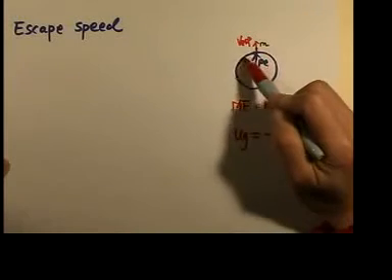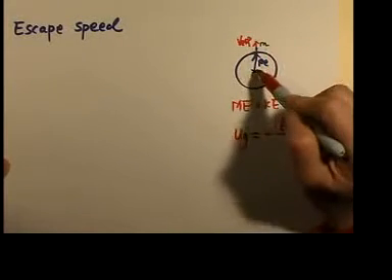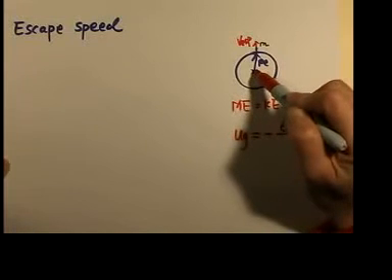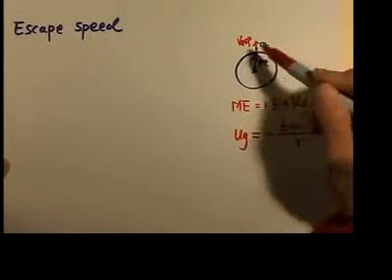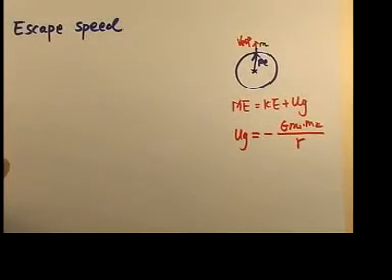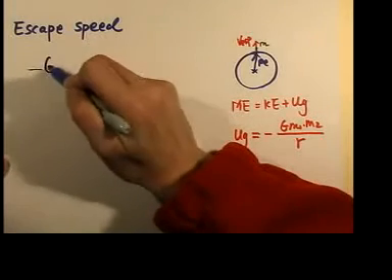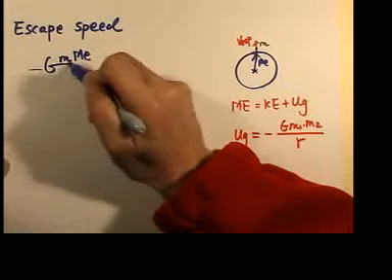Now, if this is a spherically symmetric object, so that we can view the gravitational attraction mass as right here, then their separation will be 1 R_E. So the gravitational potential energy of the rocket right here is negative capital G, mass of the rocket, mass of the Earth, over their separation, 1 R_E.